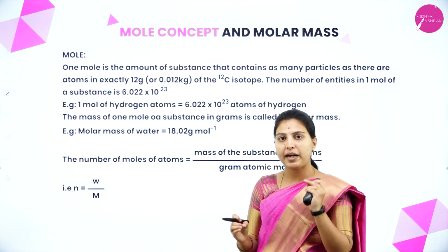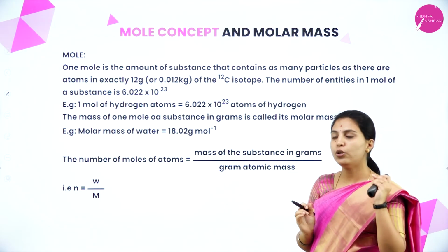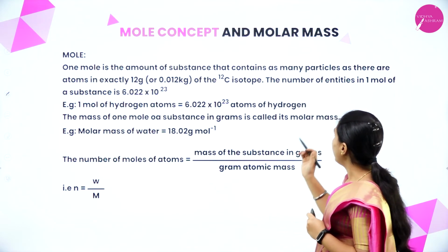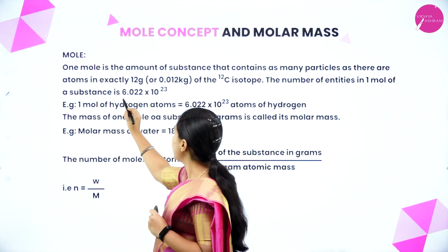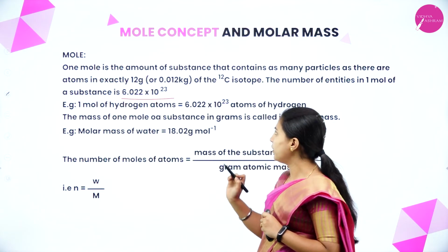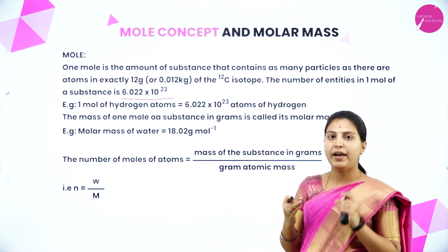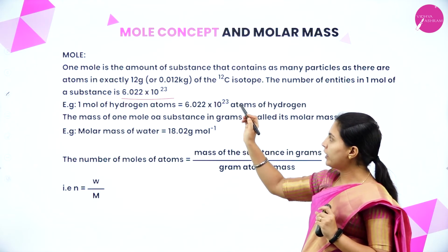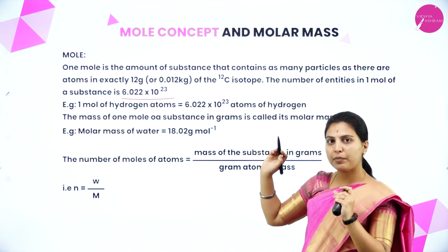The atoms or particles present in 12 grams of the carbon-12 isotope are equivalent to 1 mole. The number of entities in 1 mole of a substance is known as 6.022 into 10 to the power of 23.